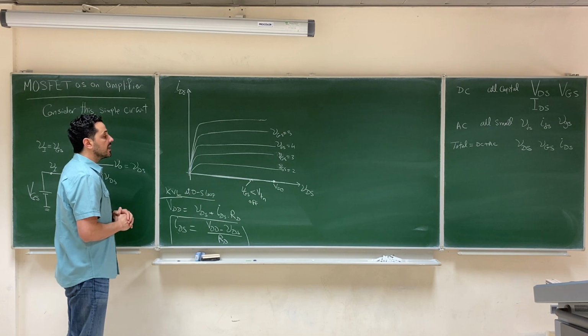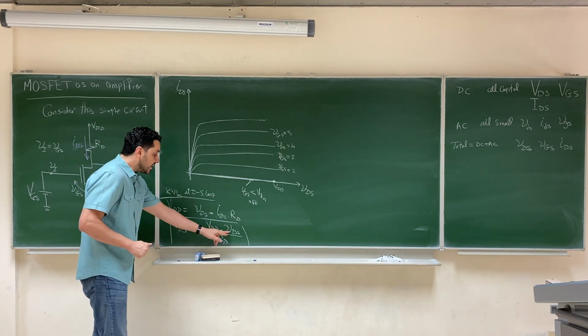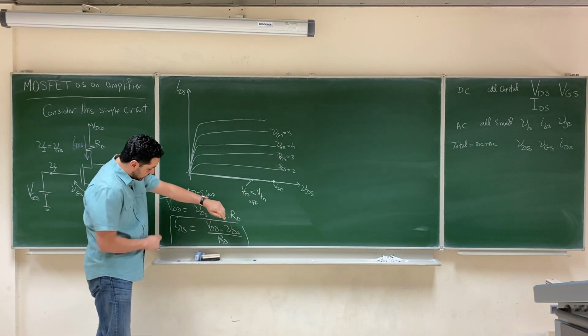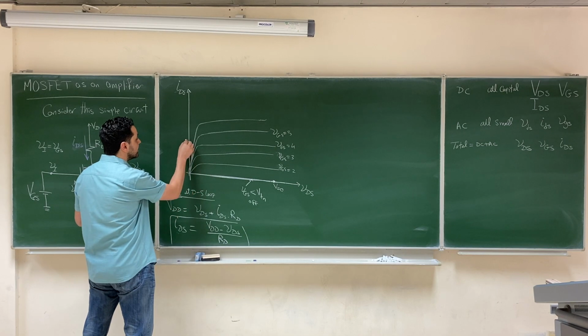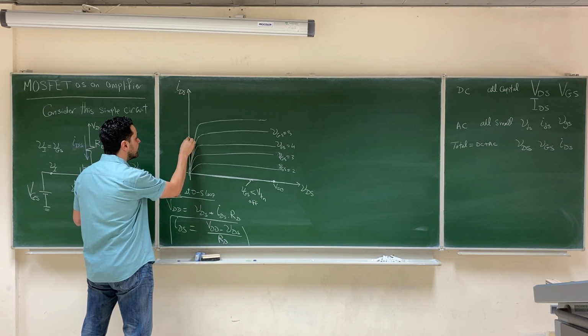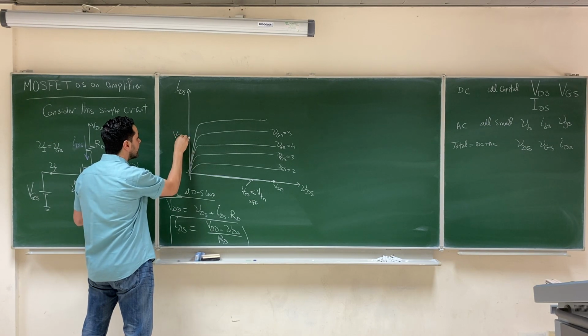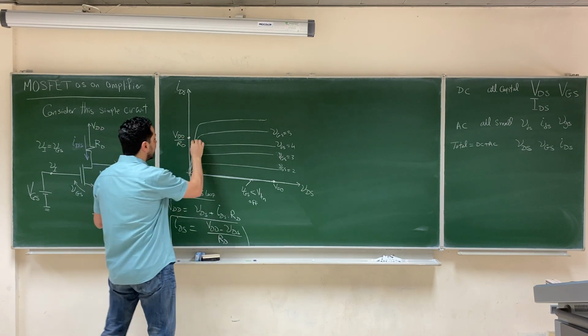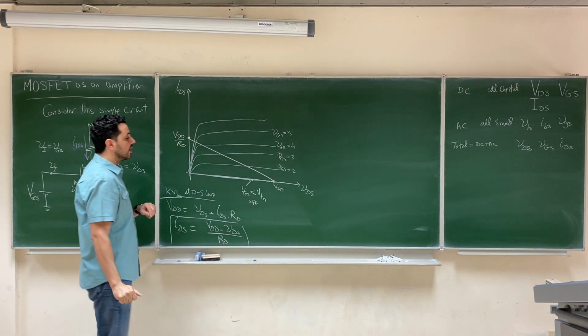And the second point is, if VDS equals 0, then the current will be VDD over RD. So we get a point here with the current equal to VDD over RD, and then we can connect these 2 points, and this will give us a line.